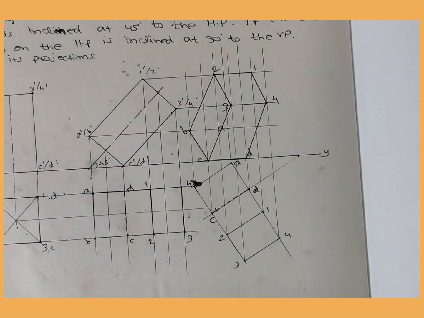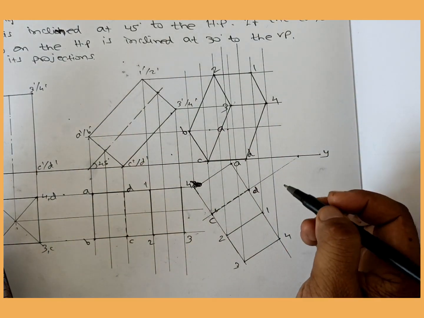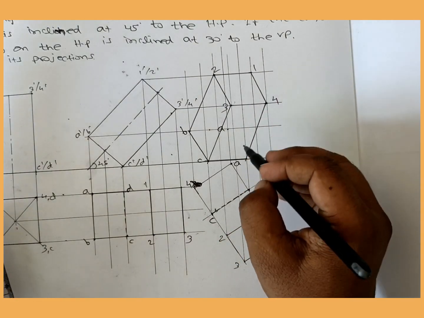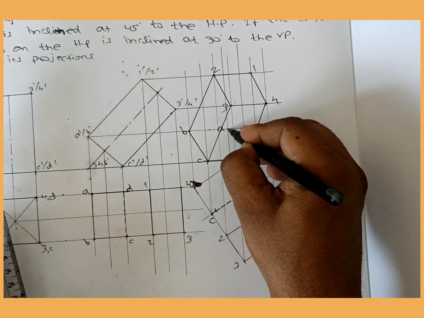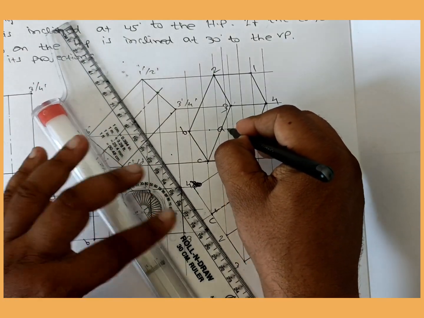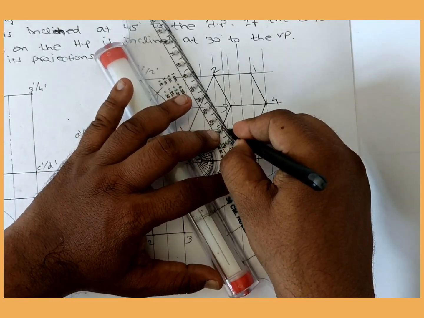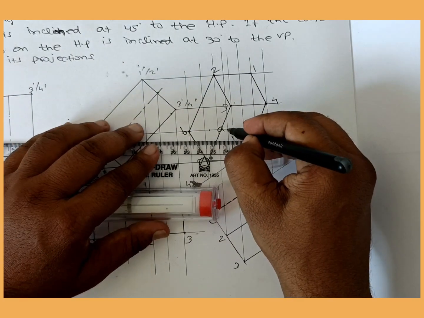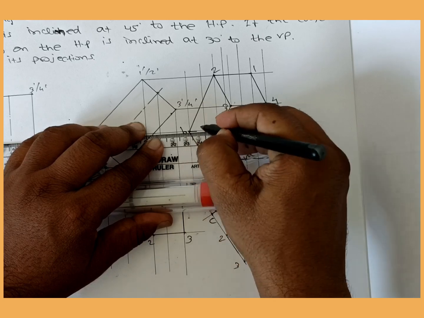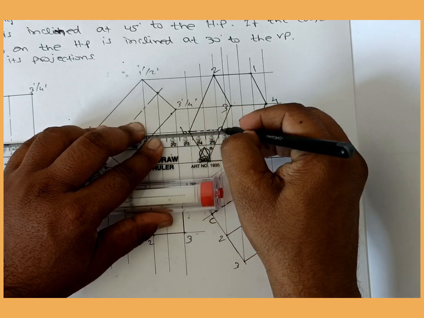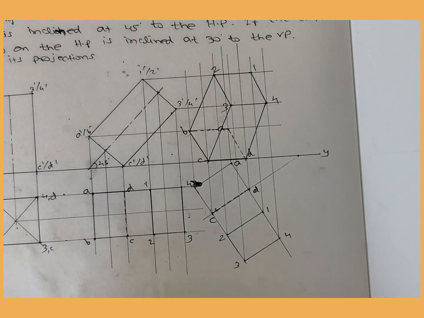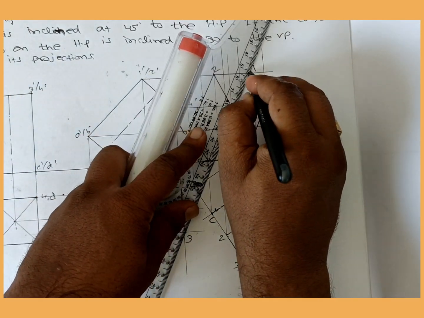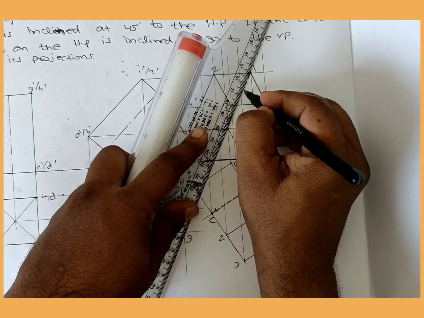C to D we have to join. Okay, now students, here this is the A. A to D we have to join as dotted, and A to B we have to join as dotted, because this portion we are unable to see from the elevation. 1 to A you have to join as dotted.